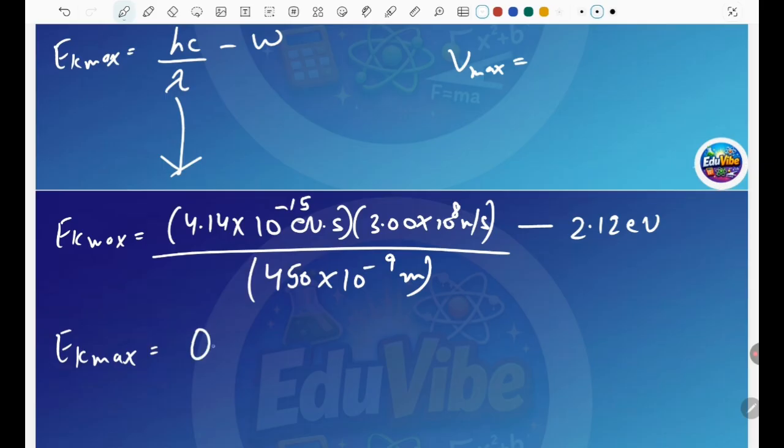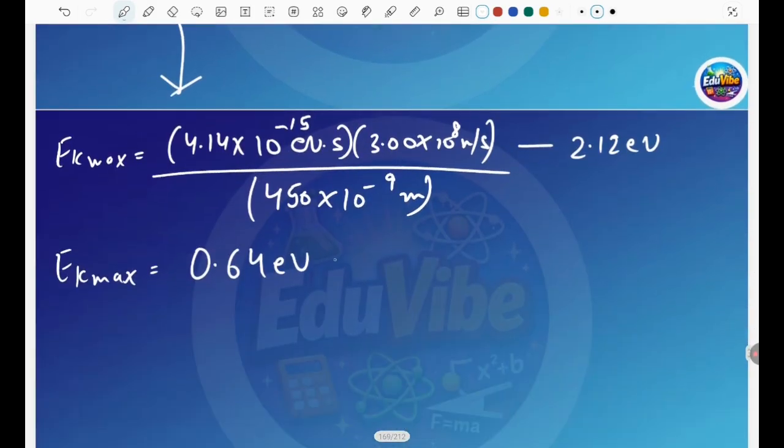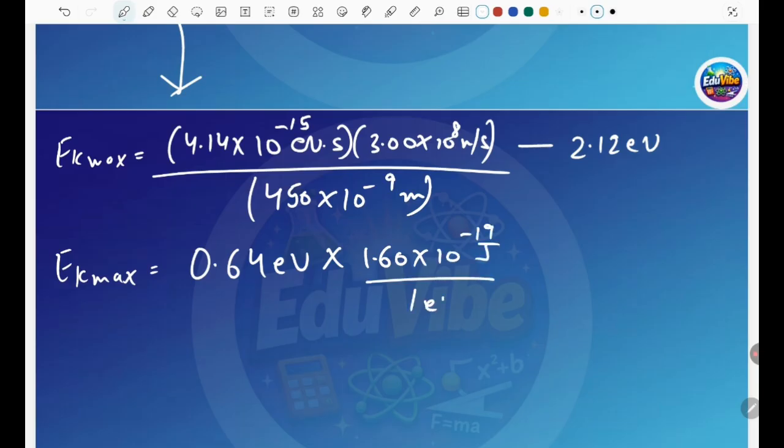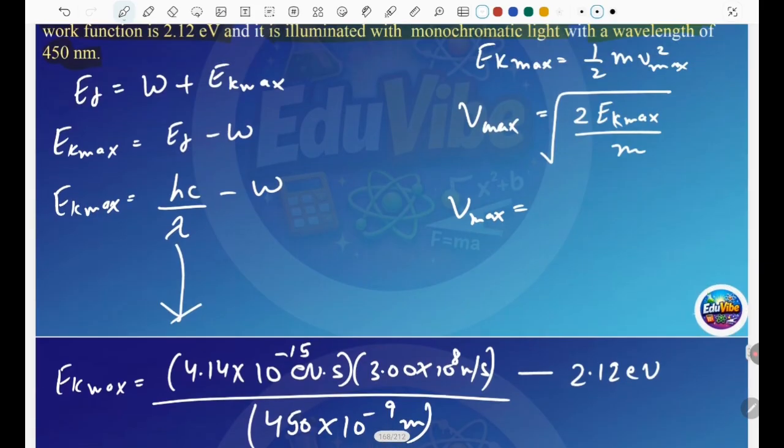You will get about 0.64 eV. But the energy should be in joules, so convert this into joules by multiplying by 1.60 into 10 raised to power minus 19 joules per 1 eV. You will get EK max of about 1.024 into 10 raised to power minus 19 joules. EK max must be in joules to find v.